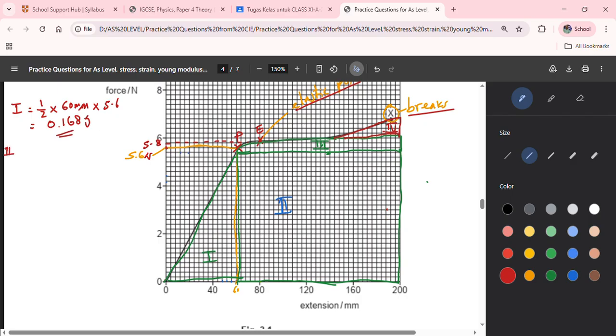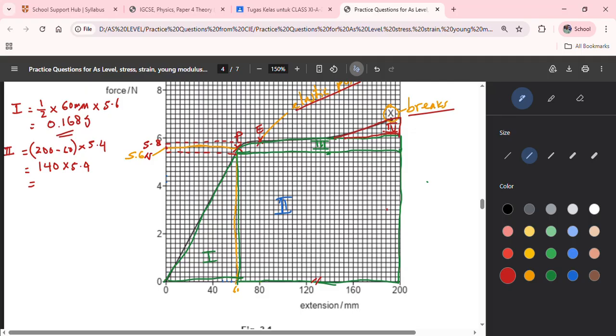For form number 2, the area is the length times the width, right? The length is from 200 to 60, so 200 minus 60, which is this length, times the width, which is this one, 5.4. The result is 140 times 5.4.